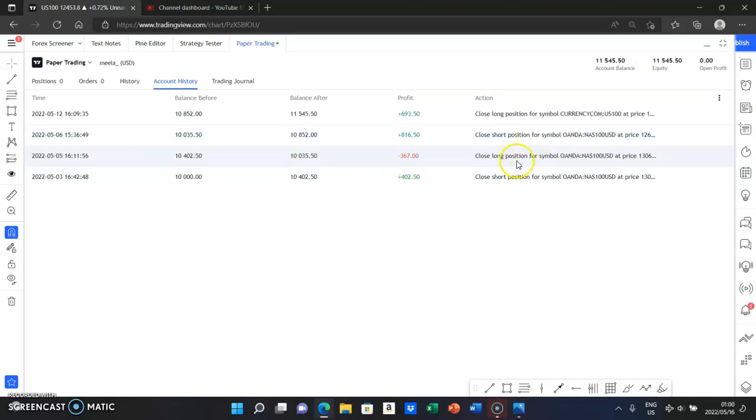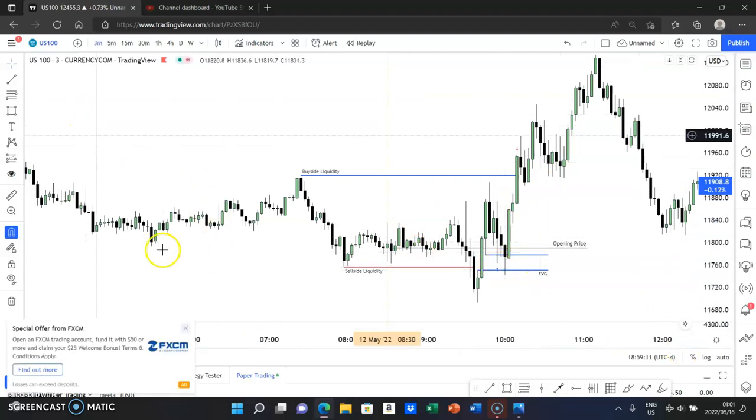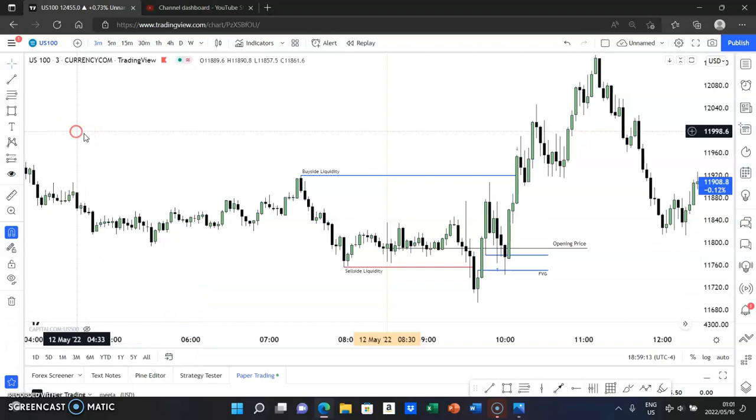But we did take a knock, and after that we had another win, and this was this trade. The 693 was this trade. So we'll see what this week has in store for us.